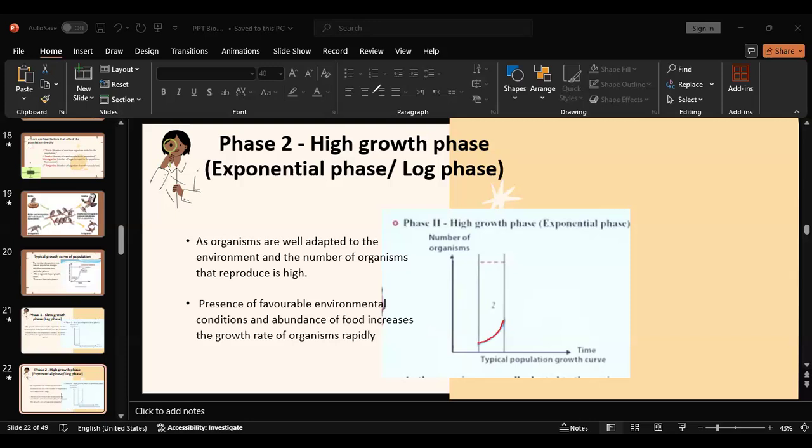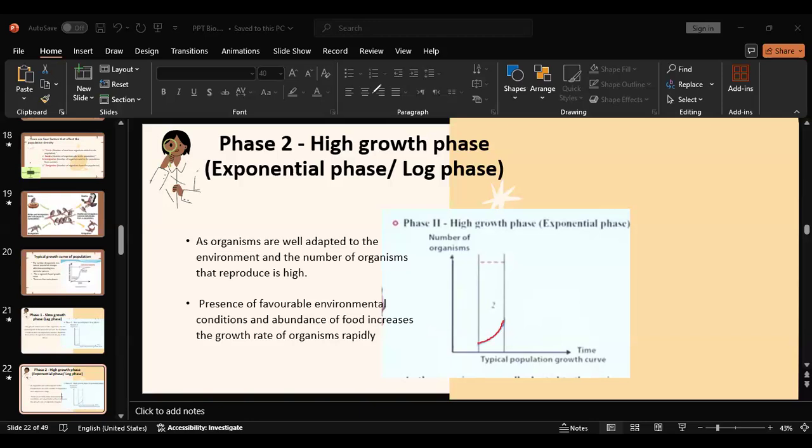For example, if we talk about humans, the thinking capacity and brain capacity will increase, so they may invent new weapons to protect themselves from predators.